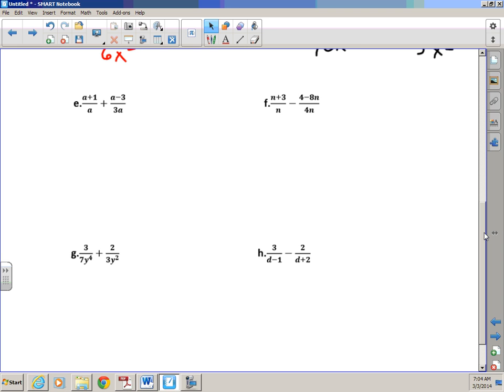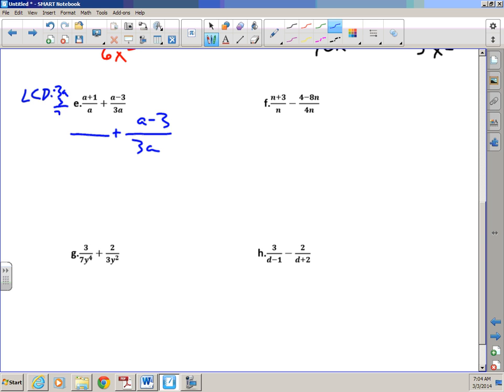Next one, my LCD is 3a. So the second fraction stays. I have to multiply the first one by 3 over 3. So that's 3a plus 3. So I get 4a over 3a, which is equal to 4 over 3. LCD for n is 4n. So I have to multiply the first one by 4.